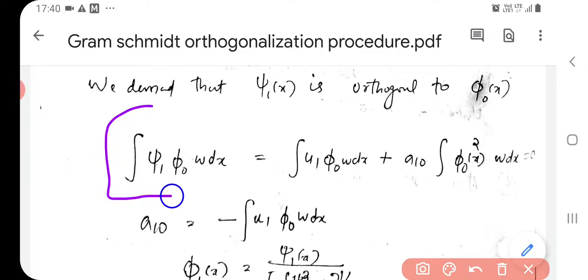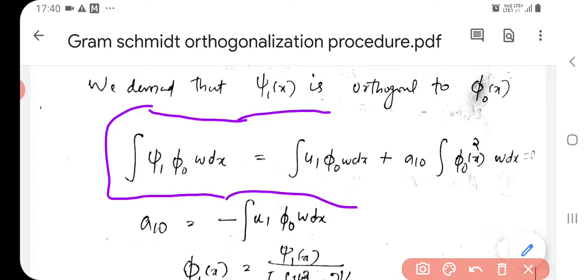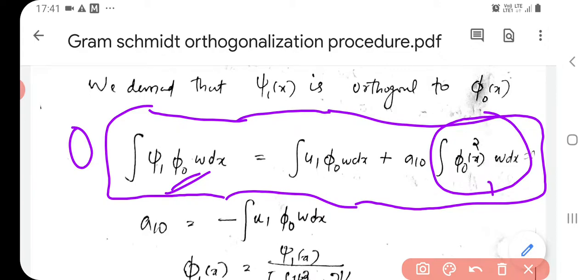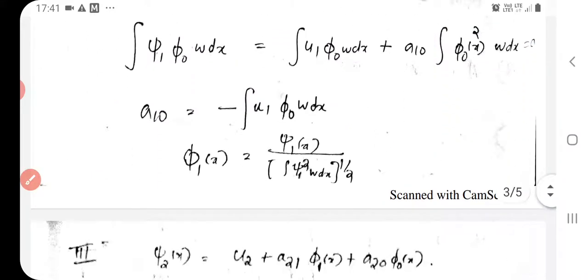So integral psi 1 phi 0 w dx is equal to integral u1 phi 0 w dx plus a10 integral phi 0 square w dx. We take the orthogonality with respect to phi 0. So this is 0, and this value is 1 because phi 0 of x is normalized. So we get a10 as this. Okay, so this is a10.